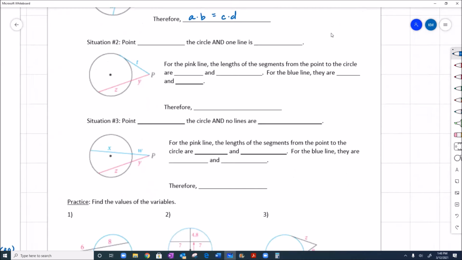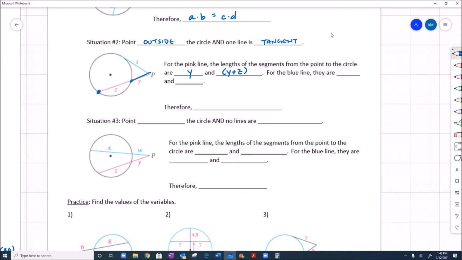Our second situation happens if our point is outside of the circle and one line is tangent. Okay. For the pink line, the lengths of the segment from the point to the circle are y and y plus z. Okay, and so what we're thinking of is from here to here is y.